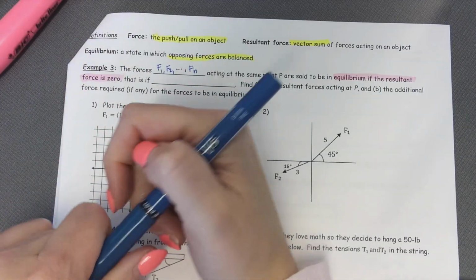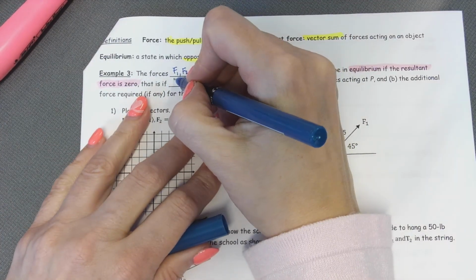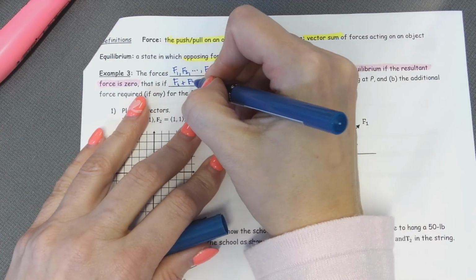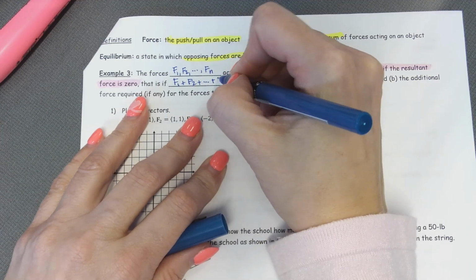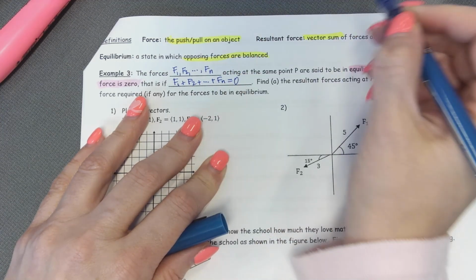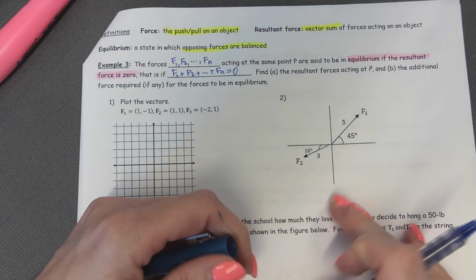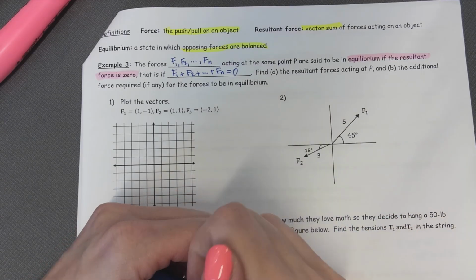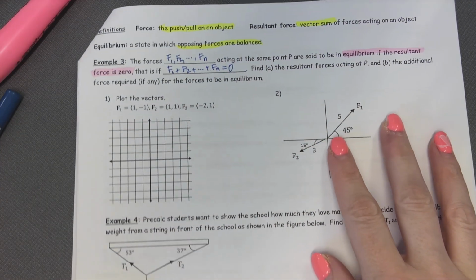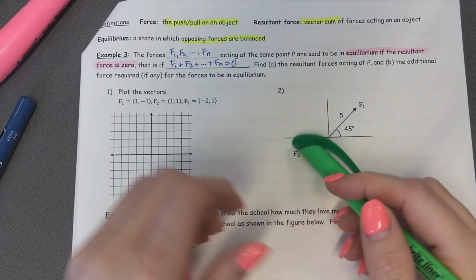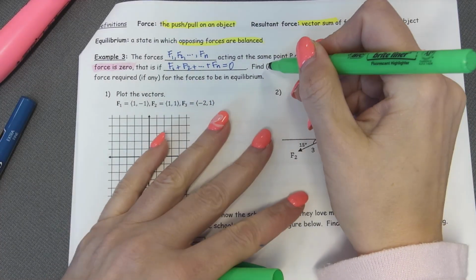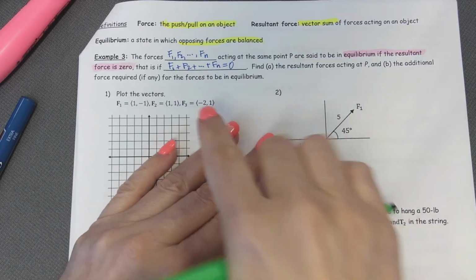Okay, and what that means is if you add these together, F1 plus F2, all the way up to F sub n, then you will be in equilibrium.